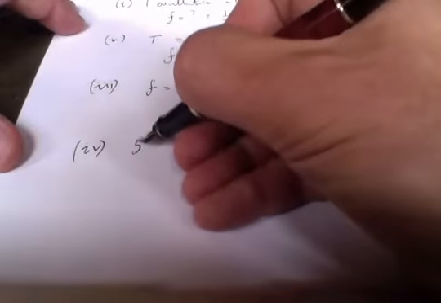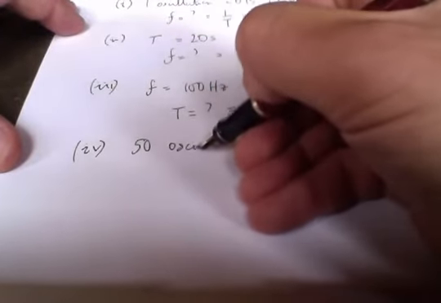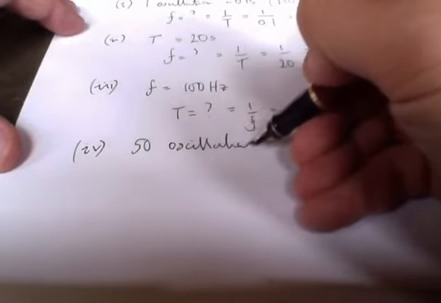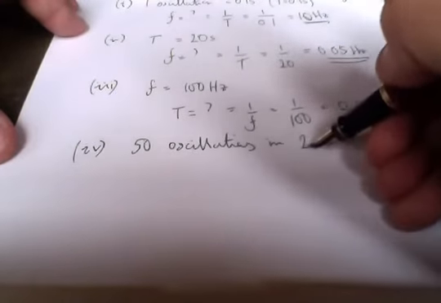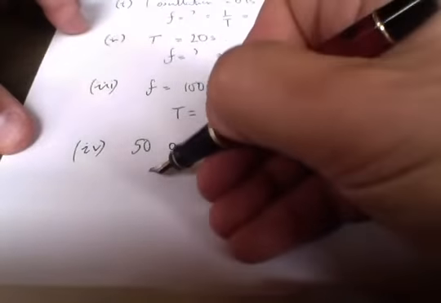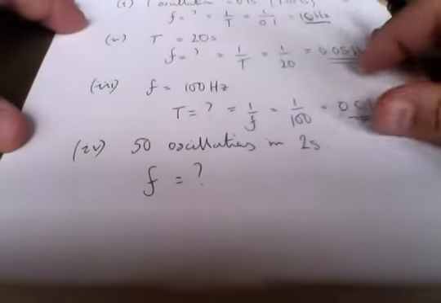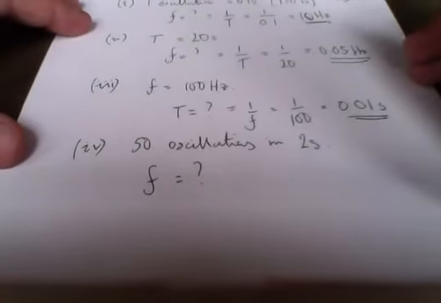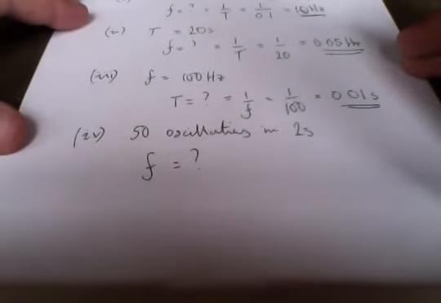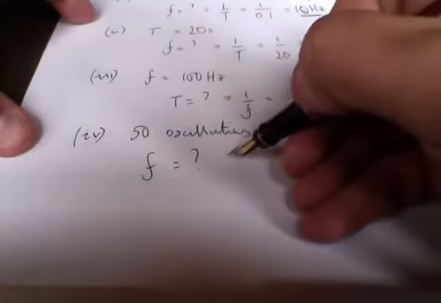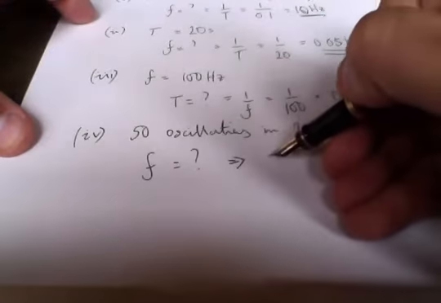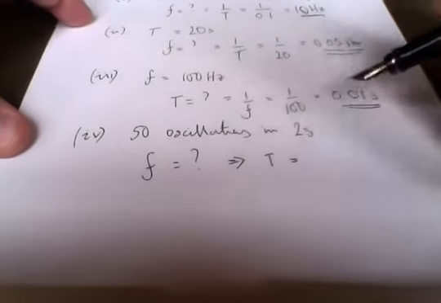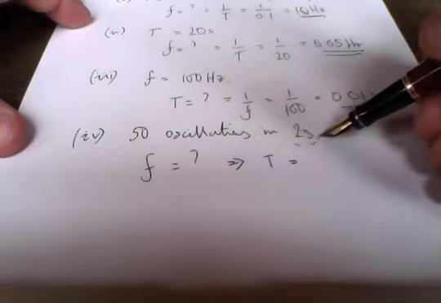This time we have 50 oscillations in 2 seconds. I want to work out what the frequency is, and there's 2 parts to this. You have to work out one factor first before you work out the next. You think you know, hit pause. Otherwise, here comes the answer. Let's first work out the time period, because this is not the time period.